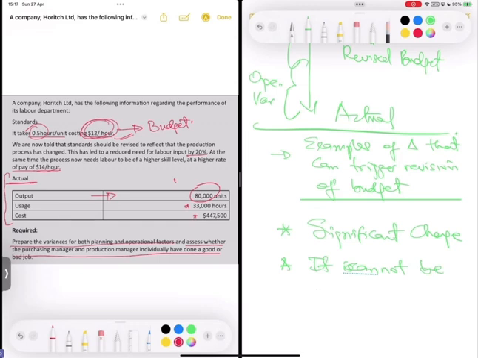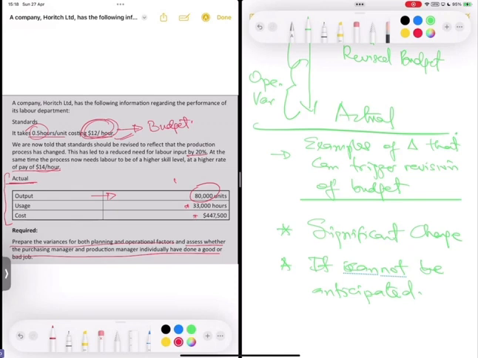It cannot be anticipated. Because if at the beginning of the year you should have anticipated that change, then you should have put it in your plan. So you are saying that this kind of change cannot be anticipated, so we couldn't have planned for it. Maybe it's a new policy, a new law that is coming that now requires you to spend more. Maybe it's a natural disaster, like COVID.